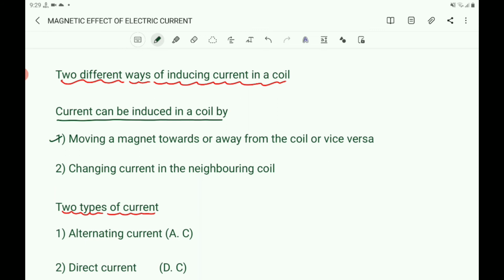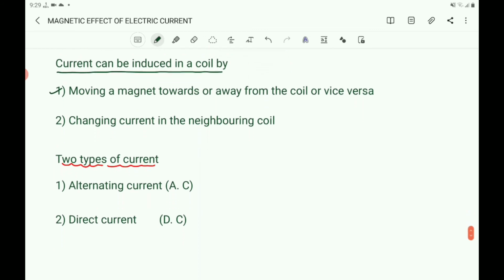You know that in both the cases, magnetic field linking the coil changes and current will be induced in the coil.